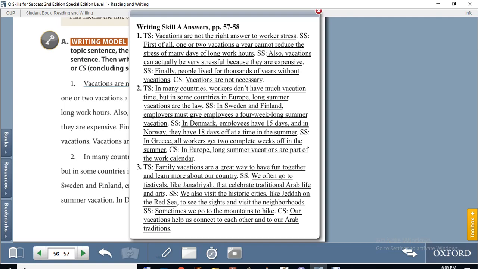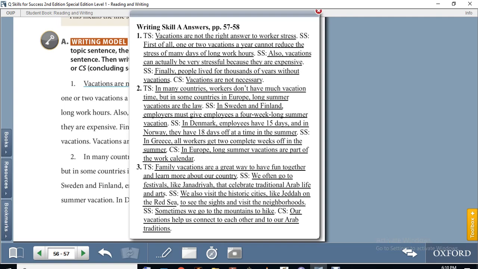The next sentence is also a supporting sentence, SS. "Also, vacations can actually be very stressful because they are expensive." And the next sentence is the third supporting sentence. "Finally, people lived for thousands of years without vacations." The last sentence is the concluding sentence. "Vacations are not necessary."